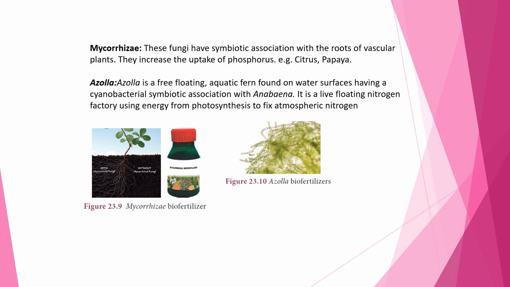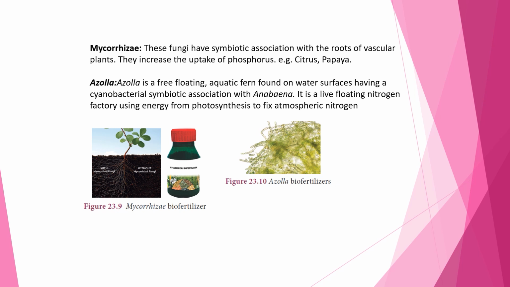I hope you understand. The next one is mycorrhizae. Again, it is a biofertilizer. Now this mycorrhizae, myco referring to fungi. The fungi is living in symbiotic association with the roots of vascular plants.